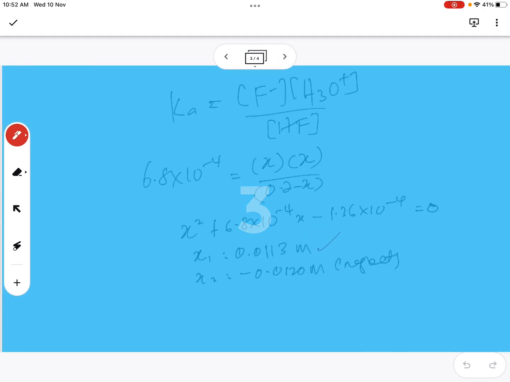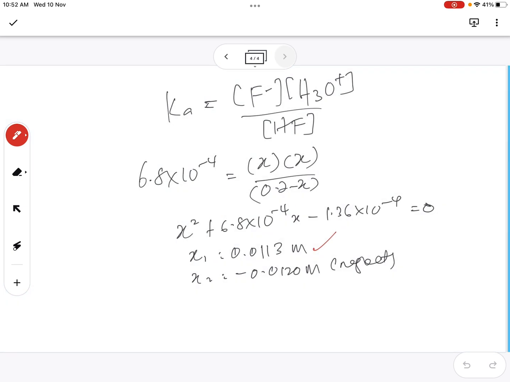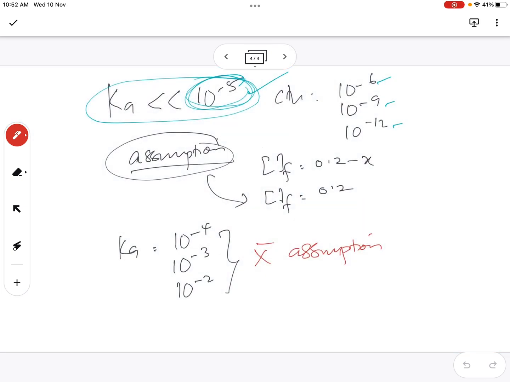That is incorrect because the Ka value is large, 10 to the power negative 4. So we can't do the assumption. If it were 10 to the power negative 5, negative 6 or negative 9, you can do the assumption. Alright, that is the first thing.